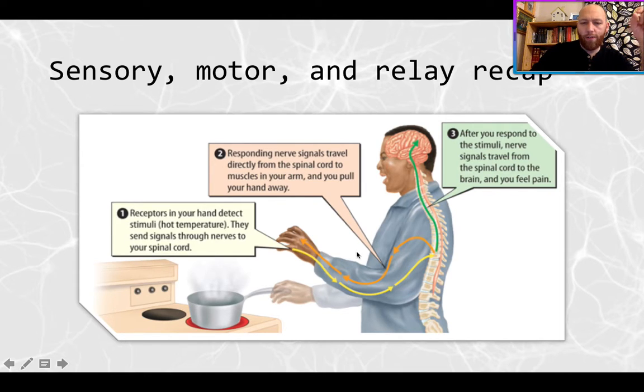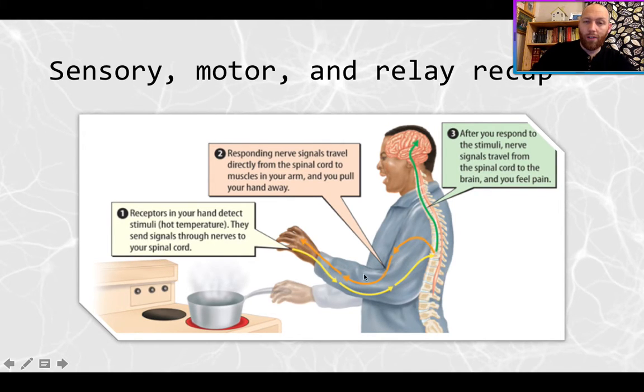Remember our fellow doing a bit of cooking. He touches the pan, it's hot. Information from sensory receptors in the skin travels along the afferent division, the sensory division. And then a signal via a relay neuron is sent to do something, in this case, pull your hand away.